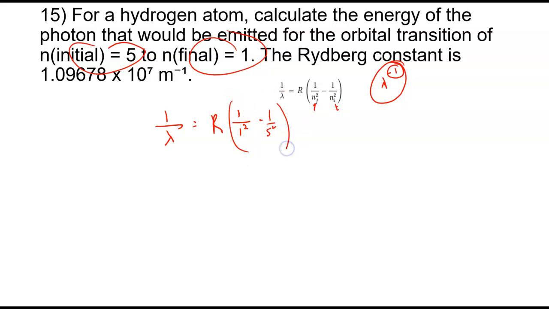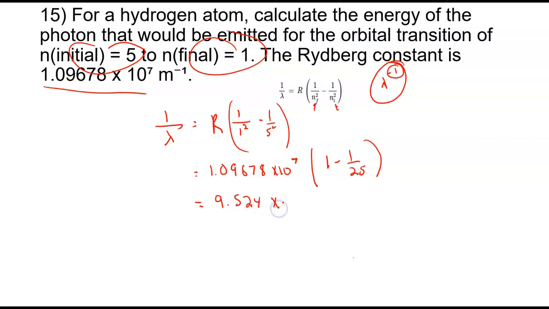And then r is given to us here. And again, you could have used an equation that didn't use this r, but you also could have. I showed you a different one in class, but I like this one. And so it's just 1 minus 1 over 25, right? 5 squared.